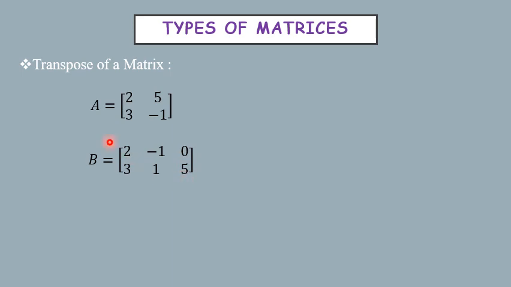Now the transpose of matrix A is denoted by A raised to T and the transpose of matrix B is denoted by B raised to T, and this matrix is obtained by interchanging rows and columns.